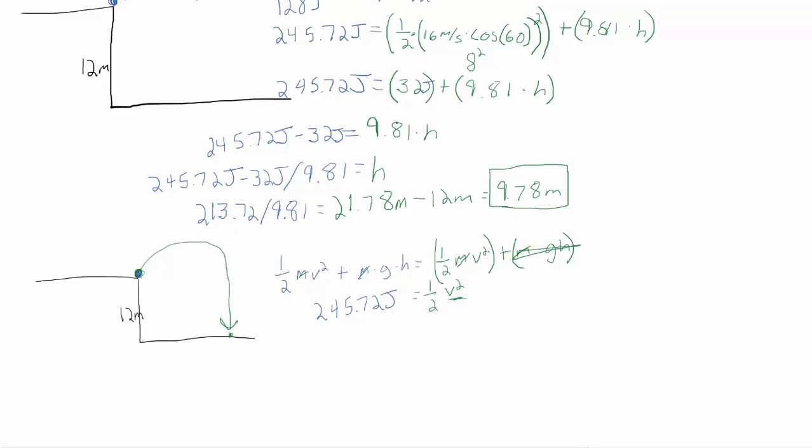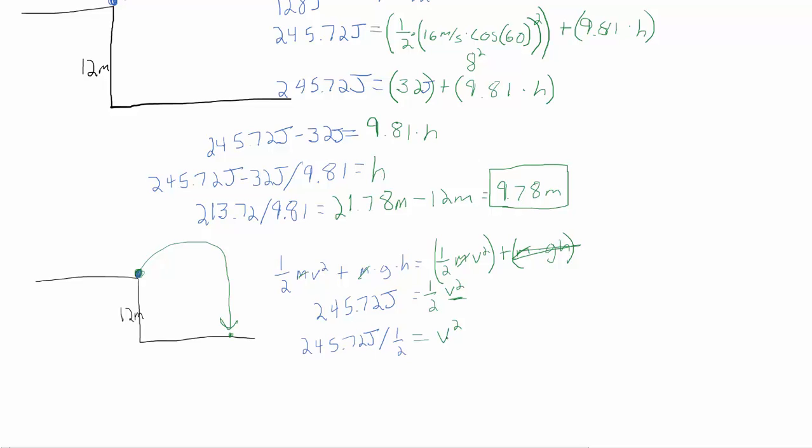So we can take the 245 and then we can divide it by 1/2. And if we divide both sides by 1/2, then all we're left with over here is velocity squared.